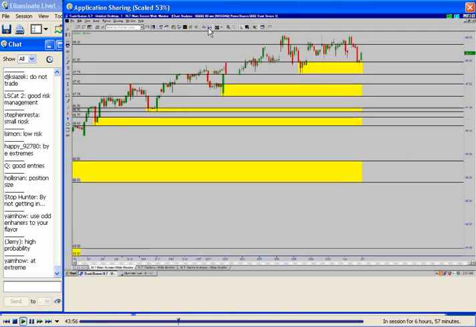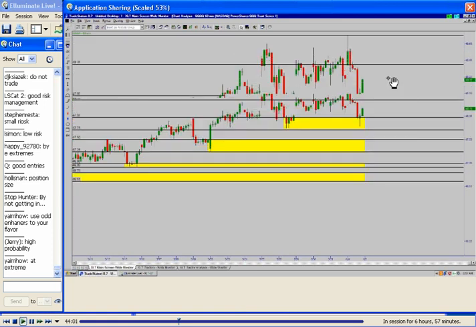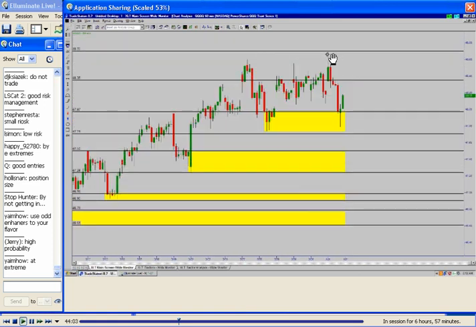Okay, let me blow this chart up so you can see it a little better. We have my demand zones in here, and you can see right up in here is our supply zones. Let me go ahead and draw that in there as well. So we're focused on the extremes, the extreme lows, the extreme highs.